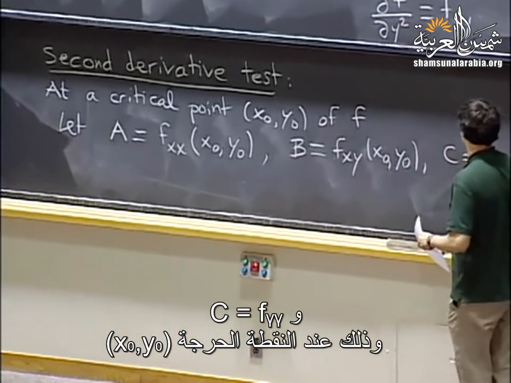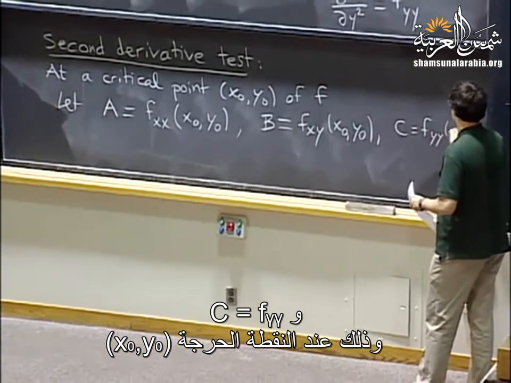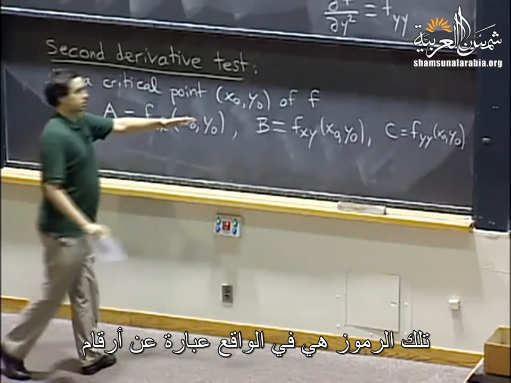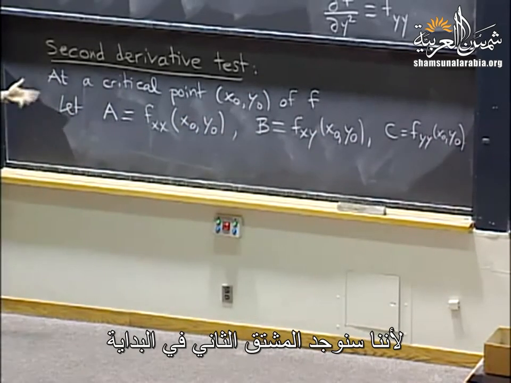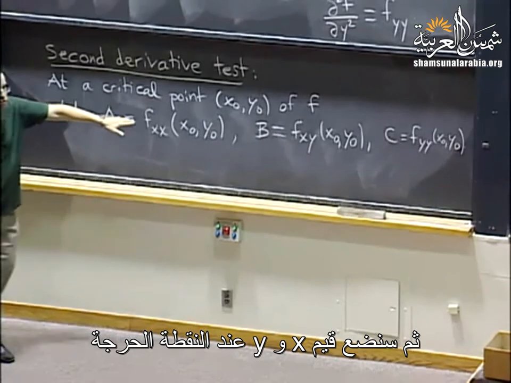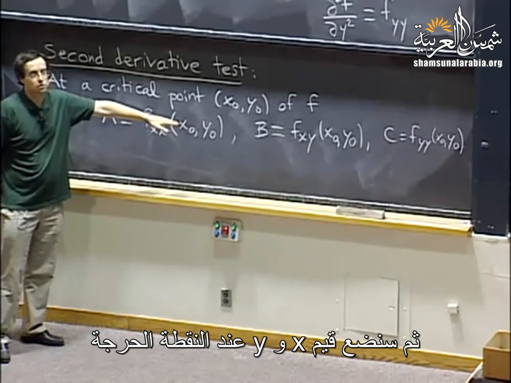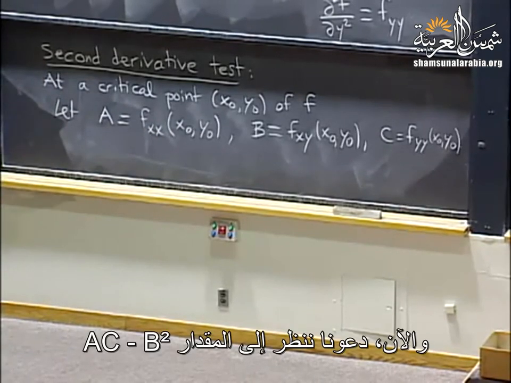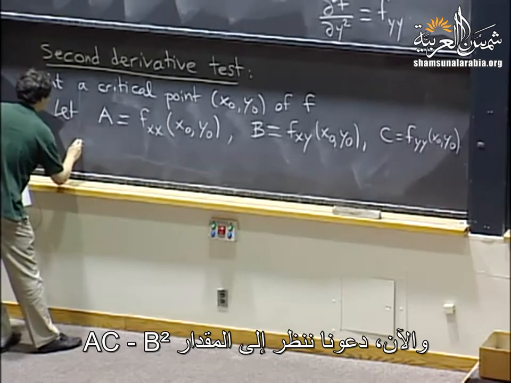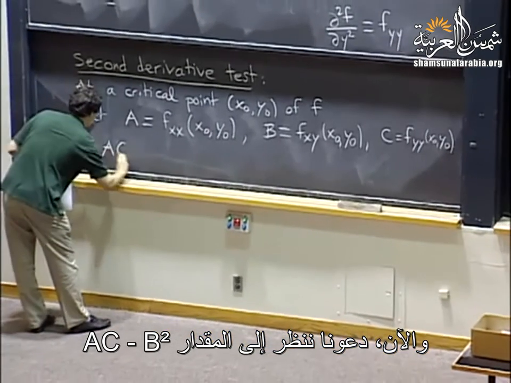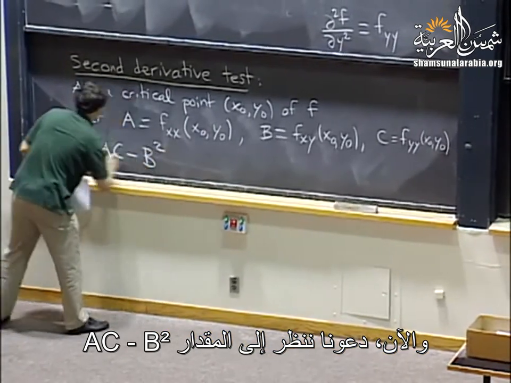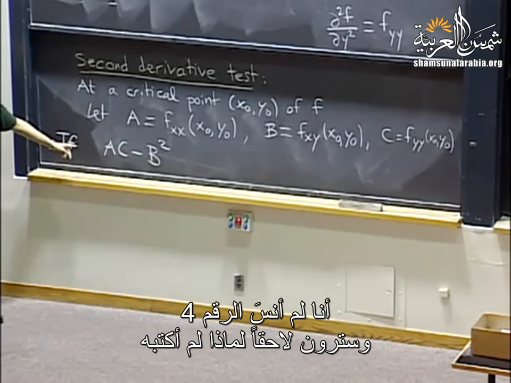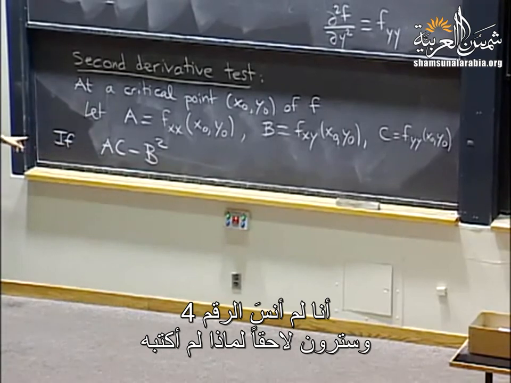And C equals f sub yy at this point. Okay, so these are just numbers because we first compute the second derivative and then we plug in the values of x and y at the critical point. So this will just be numbers. And now what we do is we look at the quantity AC minus B squared. I am not forgetting a 4. You will see why very soon.